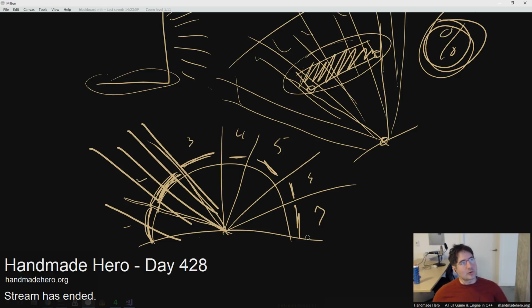Having real-time or close to real-time lighting is not just something that allows the game to respond to changing lighting in the environment. It's something that helps artists produce better art, because if the artists don't have to sit around waiting for the lighting to be recomputed, they can see their changes more quickly and produce better artwork.